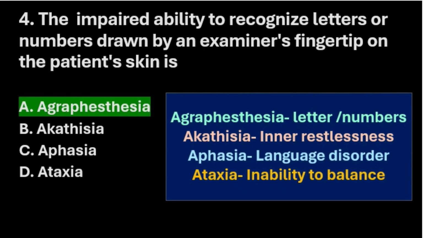Agraphesthesia is the inability to recognize letters or numbers which is drawn by examiner's fingertip on the patient's skin. Then akathisia is the inner restlessness or inability to stand still. Aphasia is a language disorder which will affect the communication, and ataxia is the balance disorder. It is the inability to balance or coordinate.